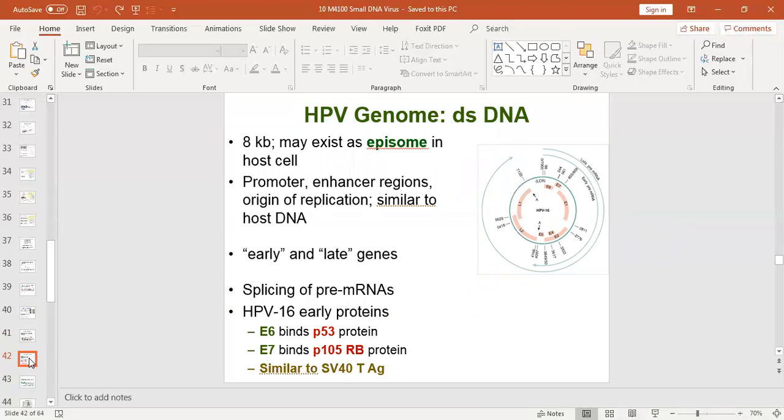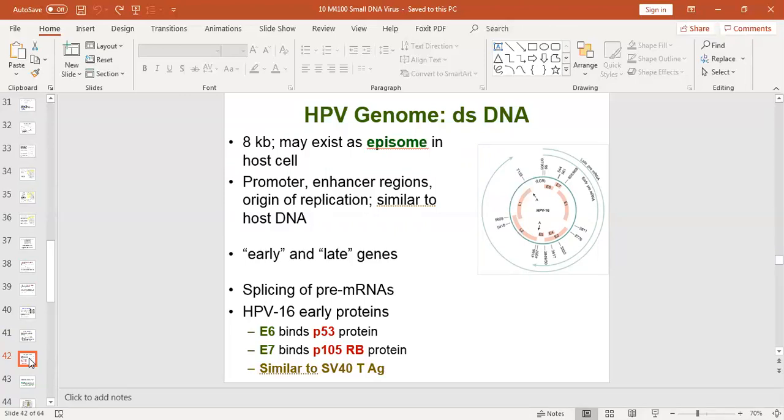Similar to polyomavirus, it has promoter regions, enhancer regions, and origins of replication, and because of the presence of these structures, it's very similar to host cell DNA as well. Again, we have early gene expression, late gene expression, and splicing of pre-messenger RNAs, just the exact same concept that we discussed earlier.